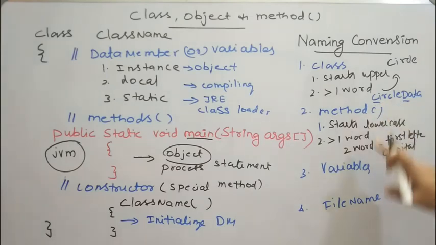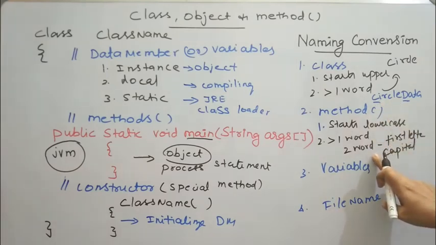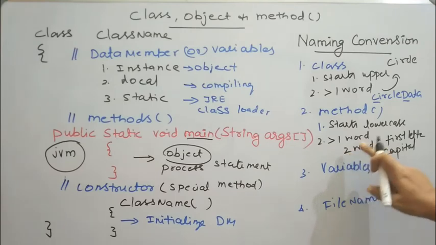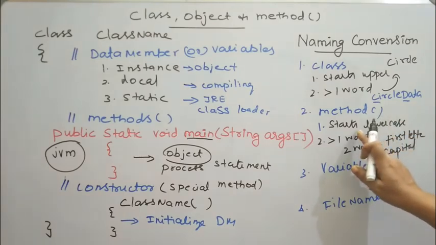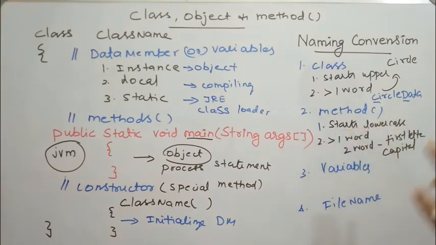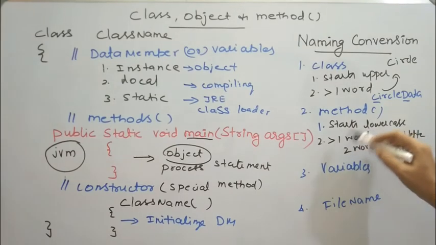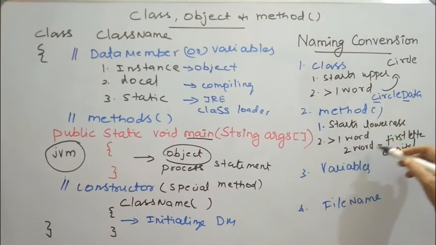That means the first letter of the first word should be a lowercase letter, and starting from the second word, in every word, the first letter needs to be capitalized. That is the naming convention we need to follow while giving name for the method.